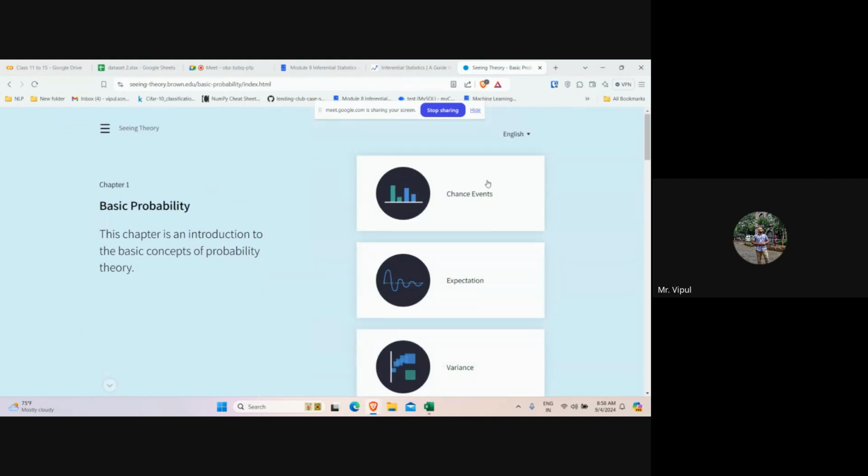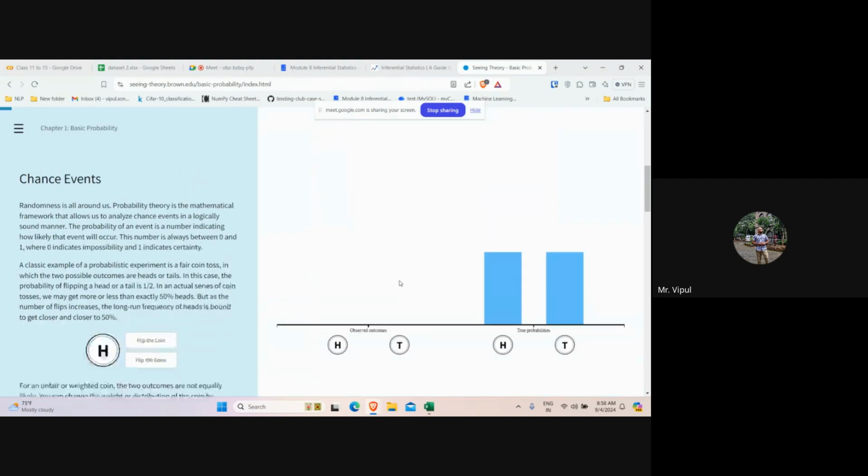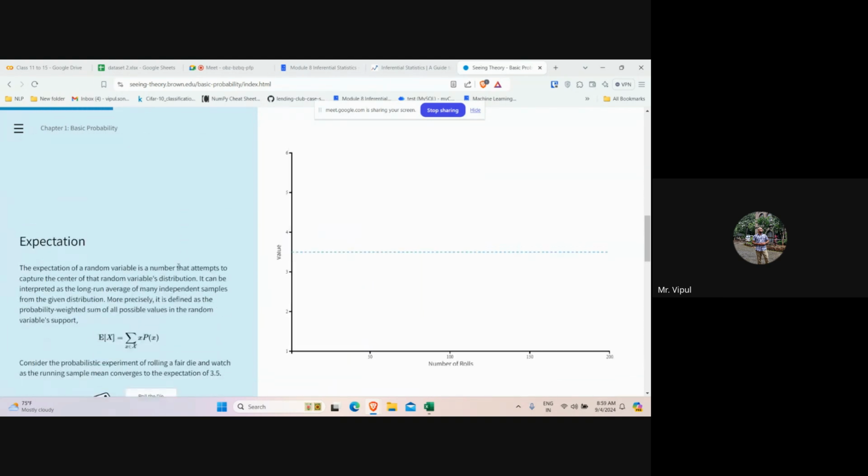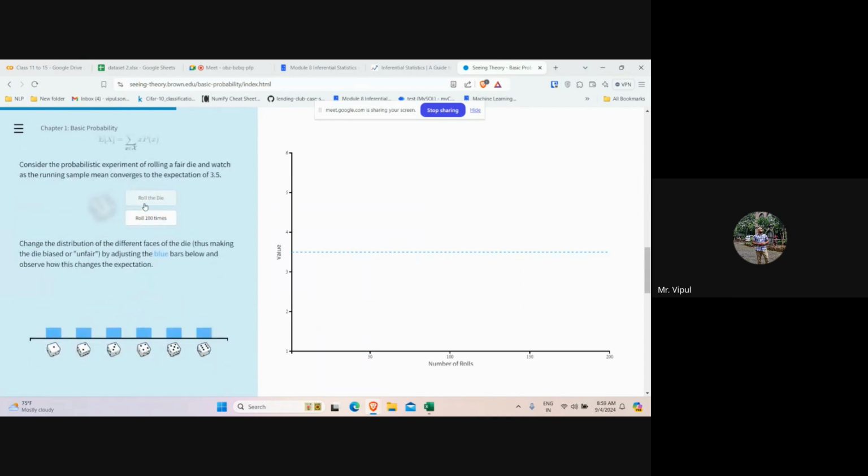The basics of probability, chance events, flip the coin, head. So this is very interesting. Here you have visualization, right?